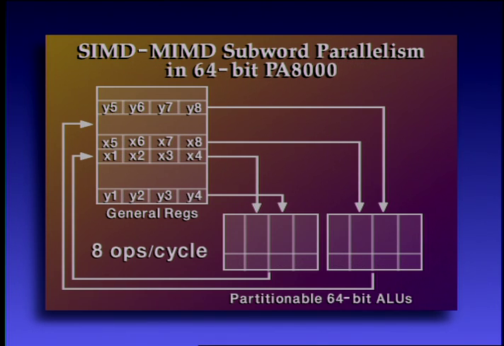Now, future PA-RISC 2.0 machines, such as the PA-8000 processor, are based on 64-bit ALUs. Using the same technique of subword parallelism, we now get 8 operations per cycle in the PA-8000. This means that the peak processing bandwidth of the machine has increased 8 times for 16-bit operations. So for example, if the processor was running at 100 MHz with a normal peak execution rate of 100 million instructions per second, it can now execute 800 million operations per second with the technique of subword parallelism.